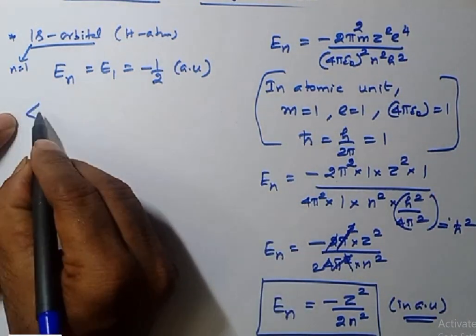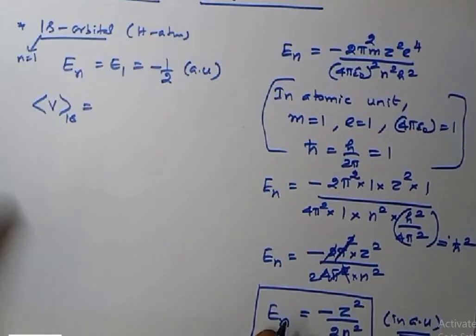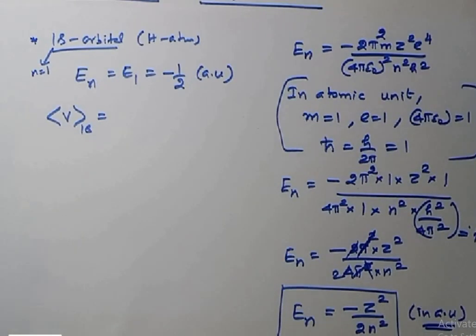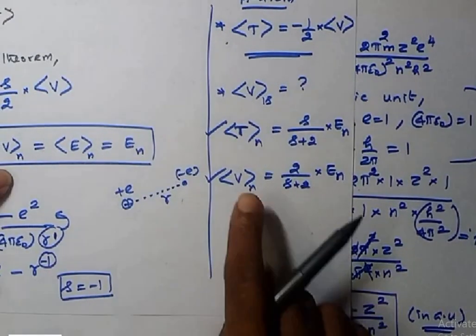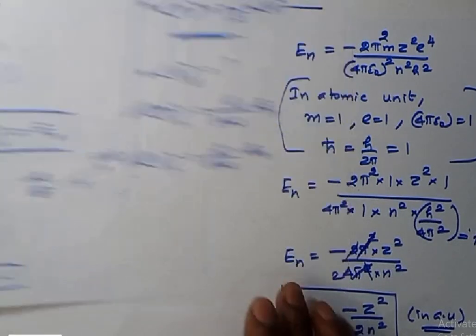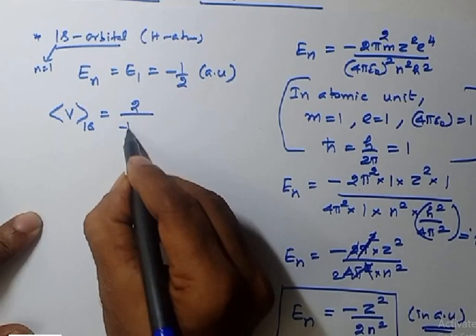Now what is the average potential energy in the 1s orbital? You know very well, I have given the formula already. How is it related to the total energy? Average potential energy is 2 by S plus 2 into E. S value is minus 1, correct?